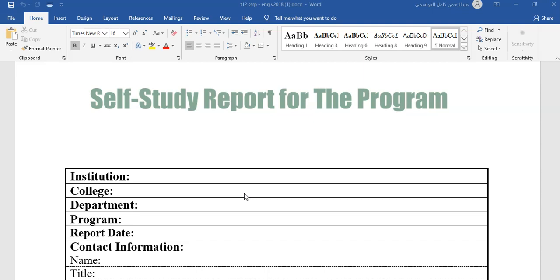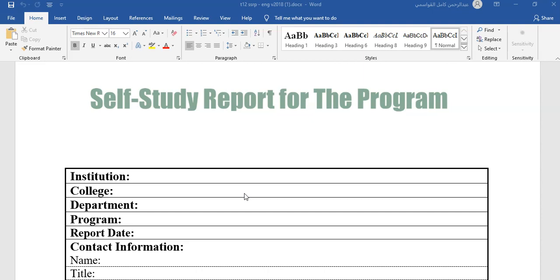Before you start filling this form, you have to prepare several documents, reports, statistical data, survey results, KPIs, measuring results, analysis, recommendations and action plans. So it is not an easy task.